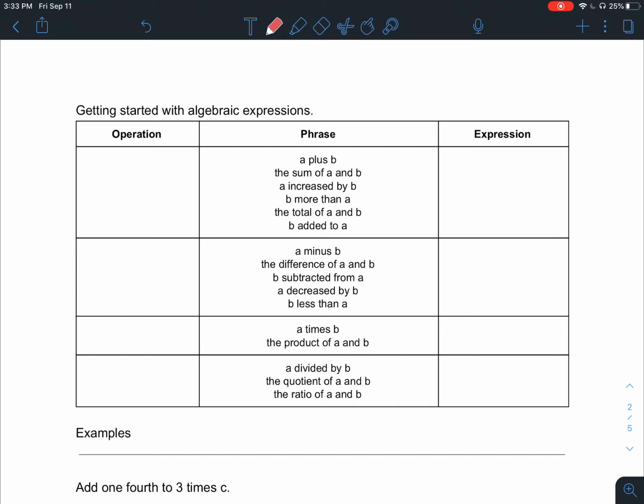All right, so now we're going to get started with some of these operations. a plus b, there are lots of ways of saying it listed below that. I'm not going to say all of them, but it's written as a plus b. The operation is, of course, addition.